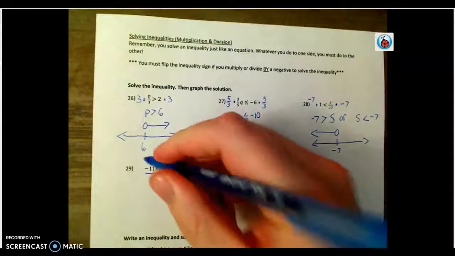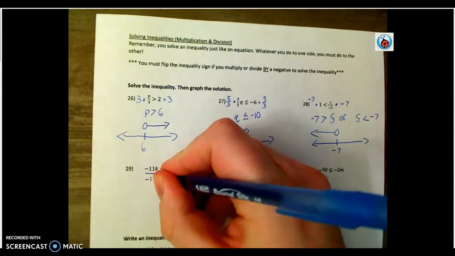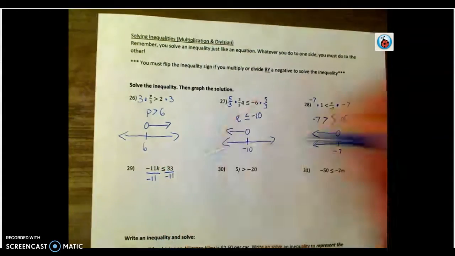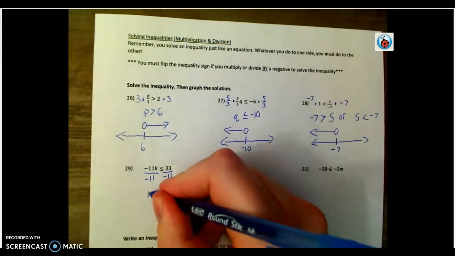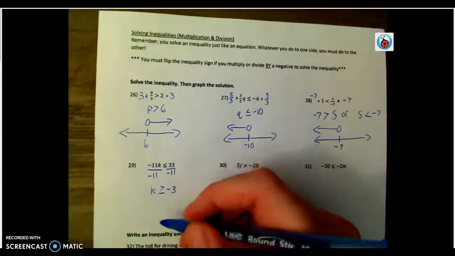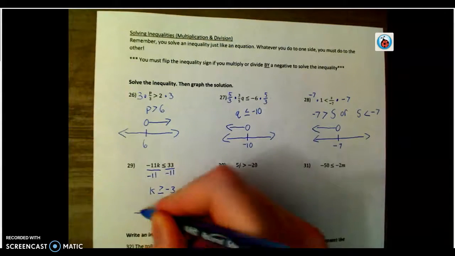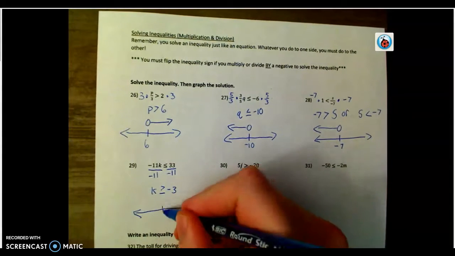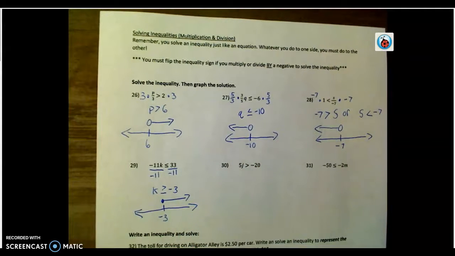29, negative 11k means I'd have to divide by negative 11. That leaves me with k is greater than or equal to negative 3. And for the number line, it will be a closed circle at negative 3, shaded to the right.